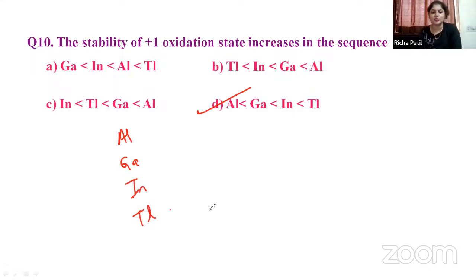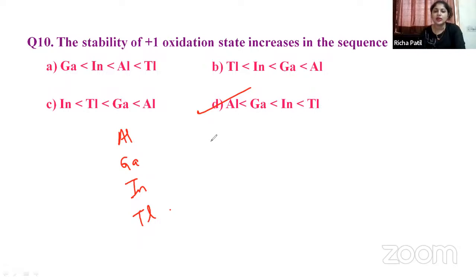As you go down the group, aluminium, gallium, indium, thallium, what will happen? There will be an increase in the inert pair effect, so the tendency to lose only one electron will increase. So the order will be aluminium is less than gallium, less than indium, less than thallium.